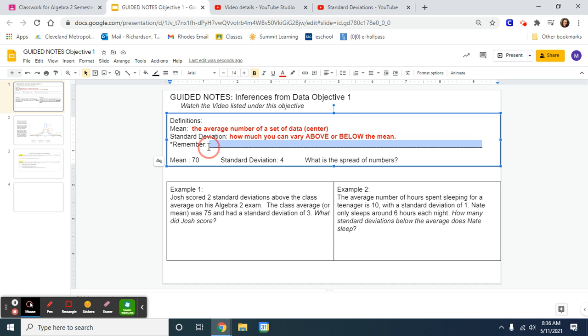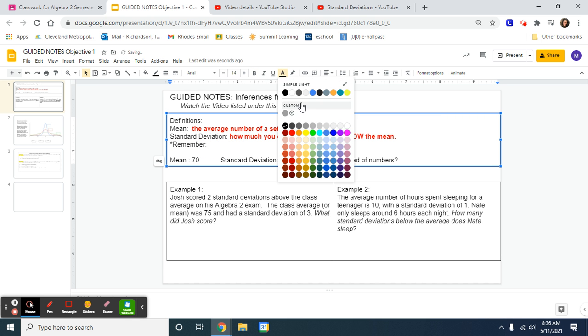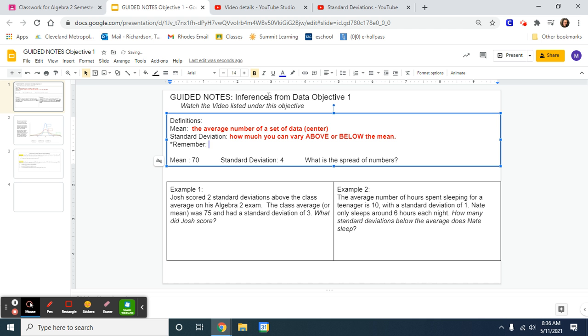And then the last thing we're going to type in here, and I'm going to do a different color just to emphasize it, is what I want you to always remember: the smaller your SD, which stands for standard deviation, what we just talked about, the smaller your standard deviation is, the more reliable the data is. So the smaller your deviation, the more reliable the data.